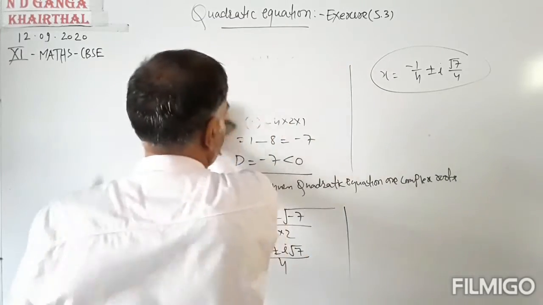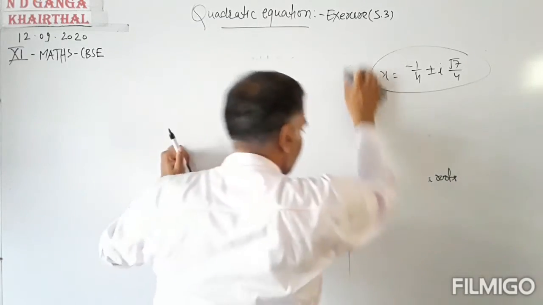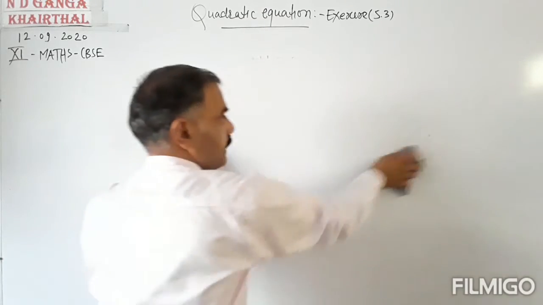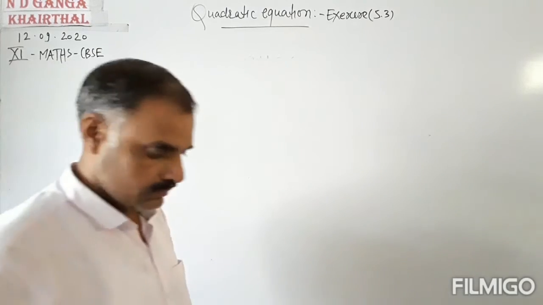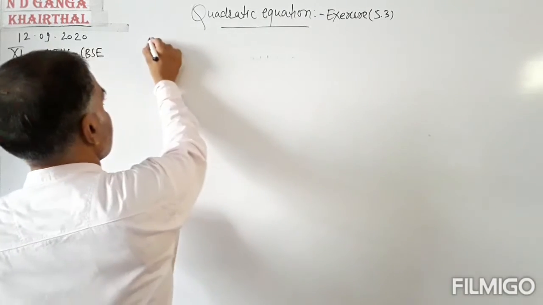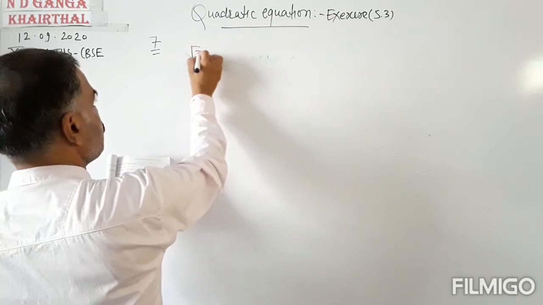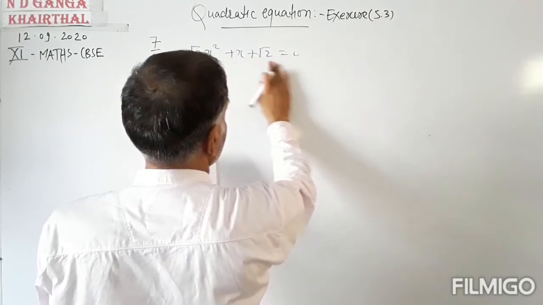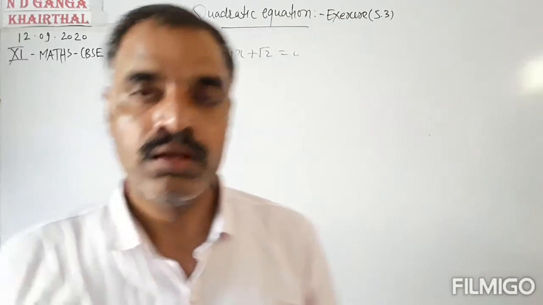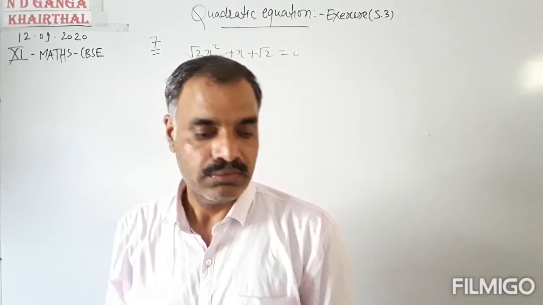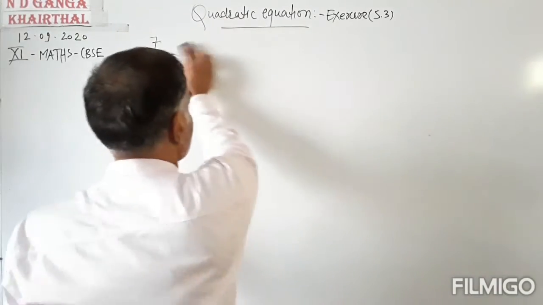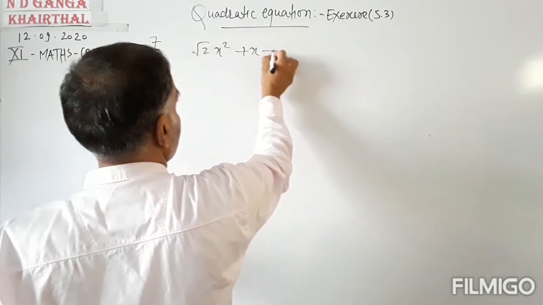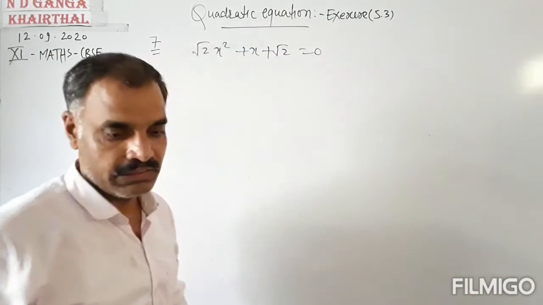Now let us take another question of Exercise 5.3, question number 7: under root 2 into x square plus x plus under root 2 is equal to 0. This is the quadratic equation. Now it is visible.